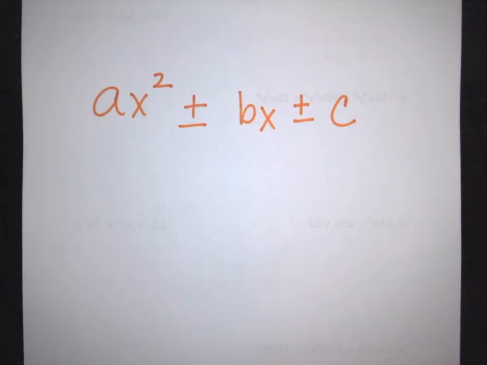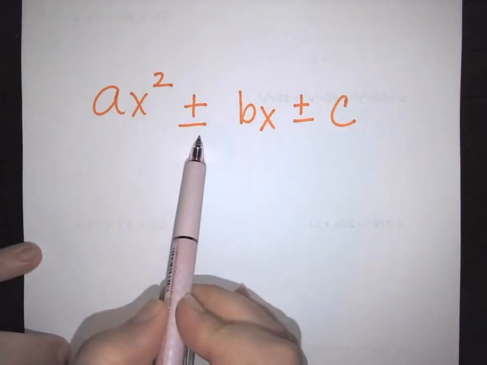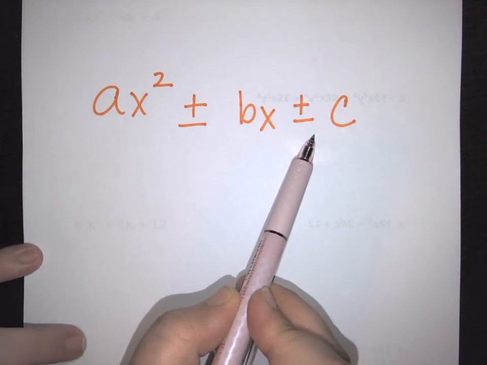So trinomials are equations that have three terms, and within your trinomial you have clues that are going to help get you from the trinomial down to its factored parts. And those clues are going to come from the signs between your B term and your C term.